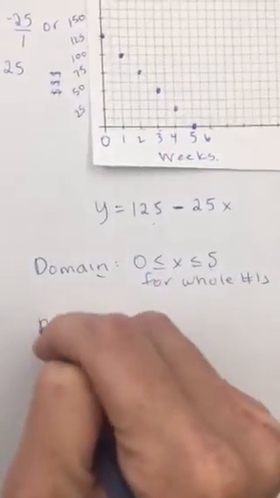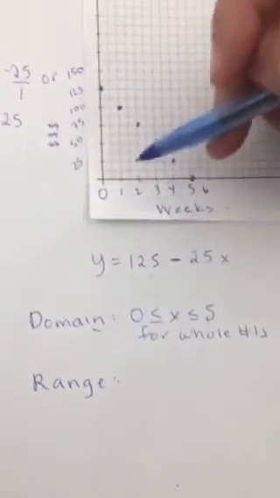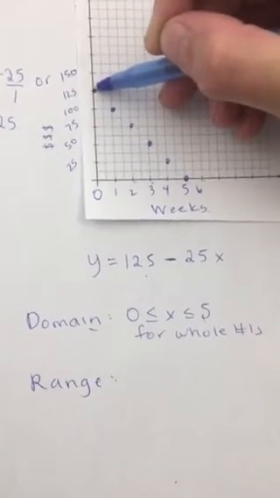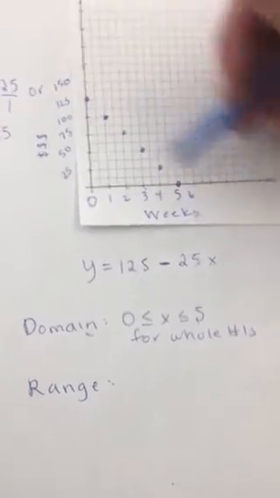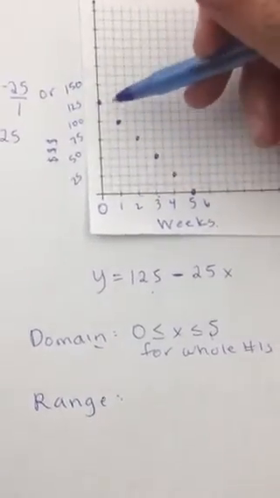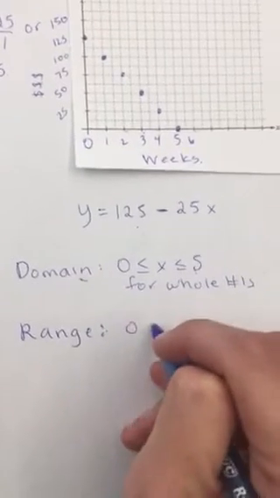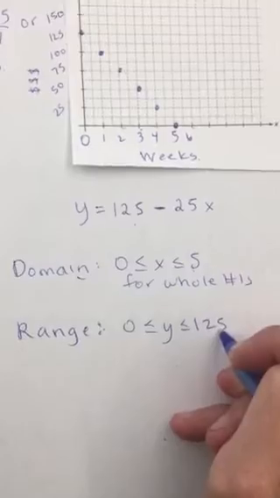And in terms of my range, I could have anything from $0 all the way up to $125, but nothing more, right? He never had more money if that trend was correct. He only had $125. So my range is everything between 0 and 125.